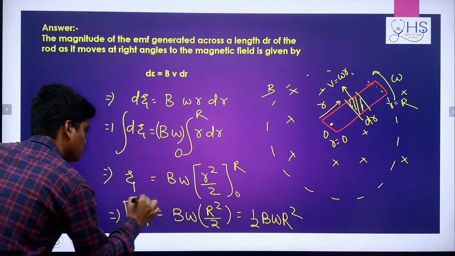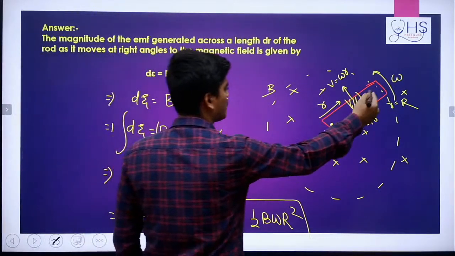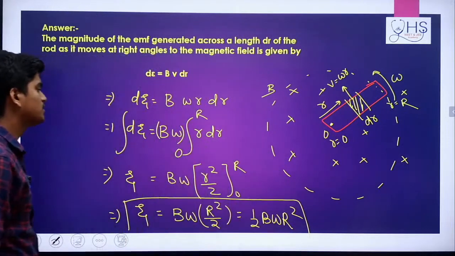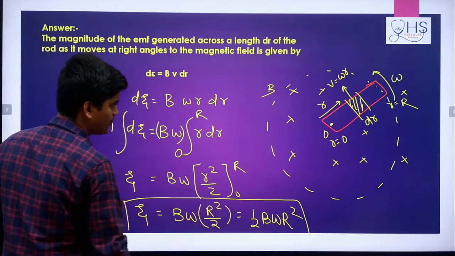So what you understood: if a conductor is rotating in a uniform magnetic field in a circular path of radius R, and the conductor length is also R, then the EMF induced in the conductor is B omega R square by 2.